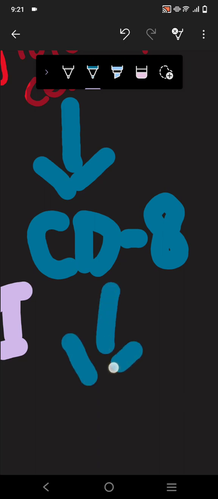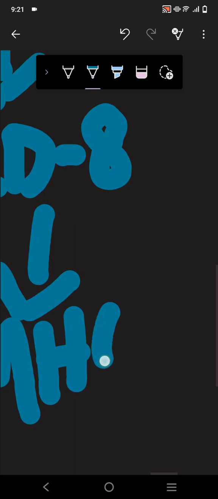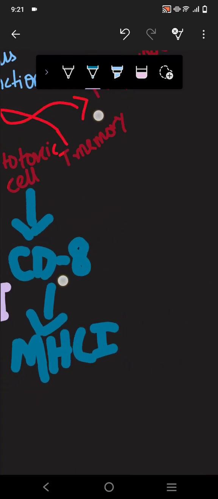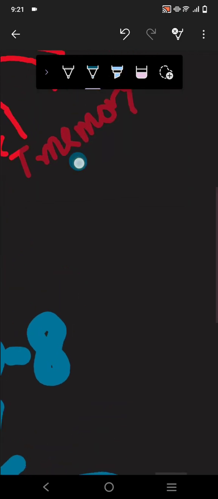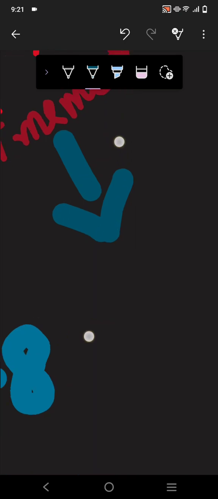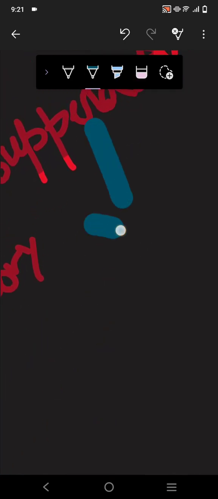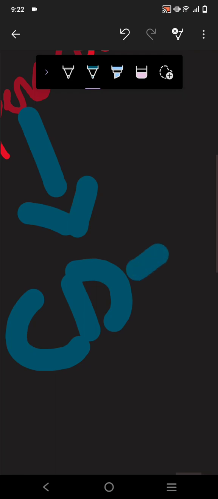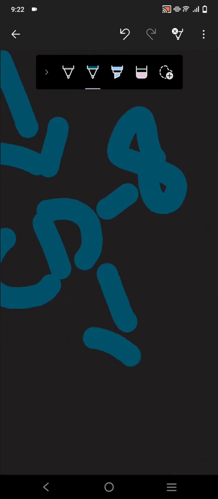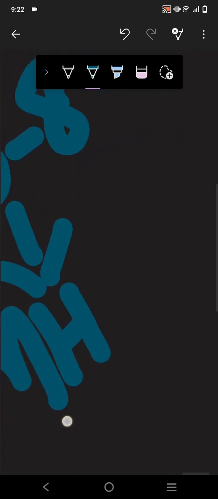Now the T memory cell has the receptor CD4, which I'll tell you about in the end. The T suppressor cell has the receptor CD8, and that CD8 is attached with the MHC2.